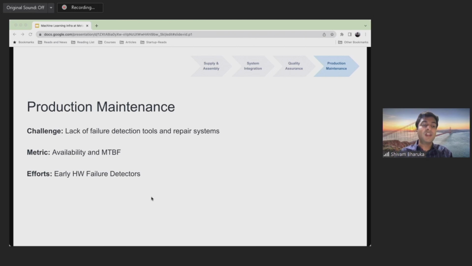This has helped us detect failures faster. And similarly, we have invested into our repair system such that we can detect network and higher level issues such that we don't send the hardware without fixing it back to production.